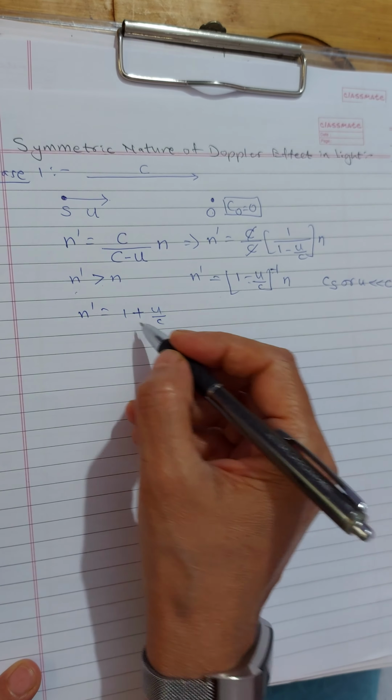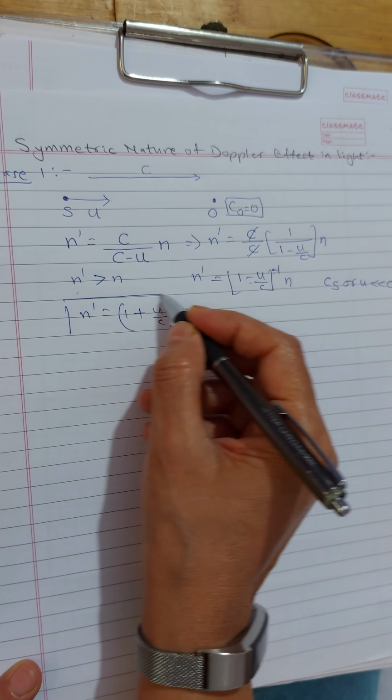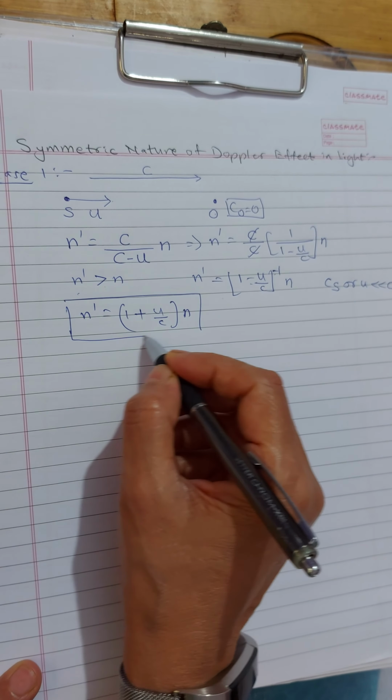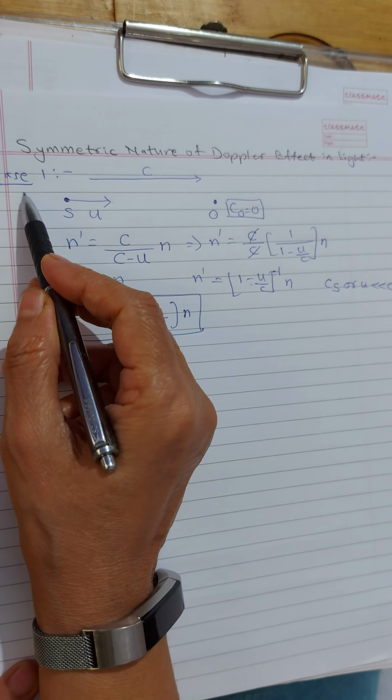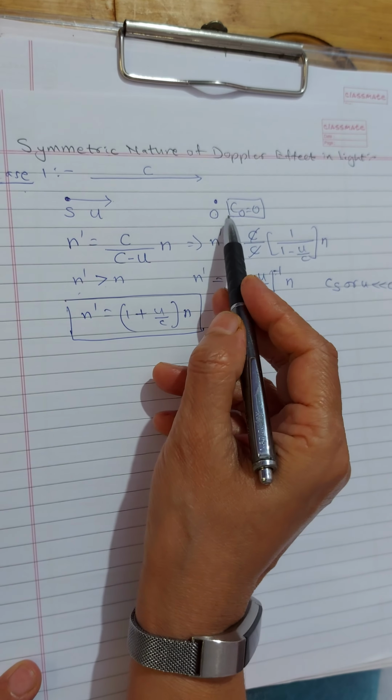This is the answer I got for the apparent frequency for case 1, where the observer is stationary and the source is moving towards the observer.